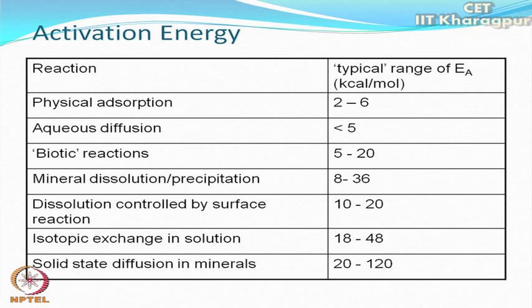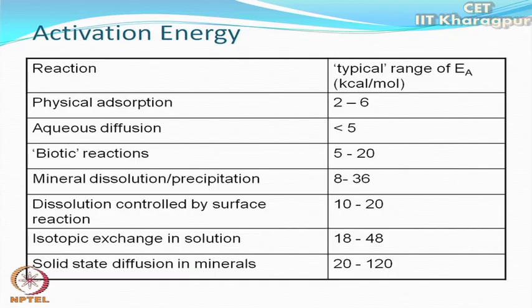Physical adsorption: adsorption is a surface phenomenon, so physical adsorption means there is no chemical linkage between adsorbate and adsorbent, but there may be a physical force, maybe van der Waals force or something else. So that has a typical range of Ea of 2 to 6 kilocalorie per mole.